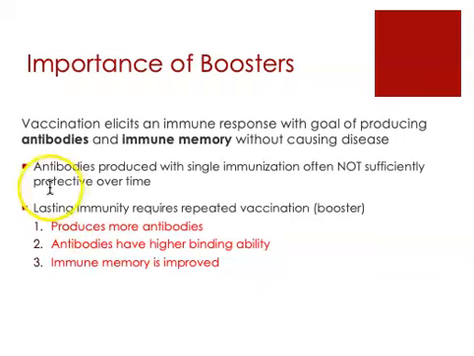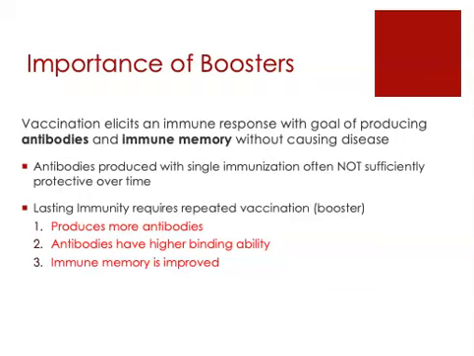There are 3 things that a booster shot does for us, and I want us to be familiar with this list. Number 1, boostering a vaccine is going to help our body produce more antibodies. That's very important. Number 2, those antibodies are going to be better at what they do. They're going to have a higher binding affinity.